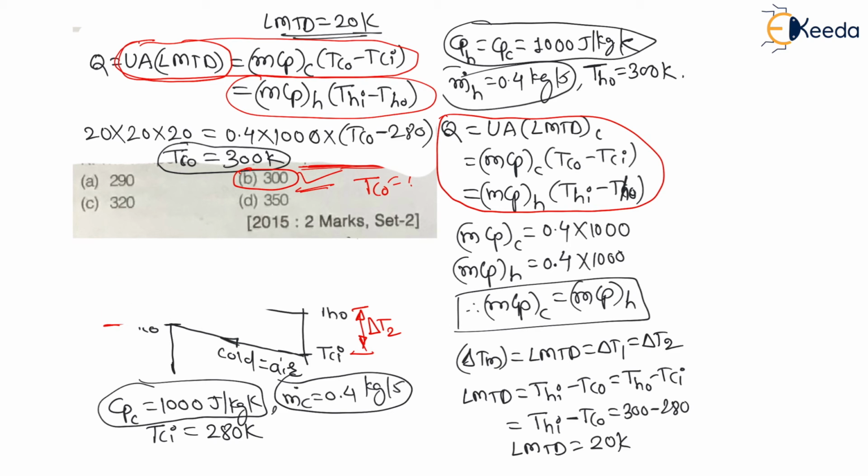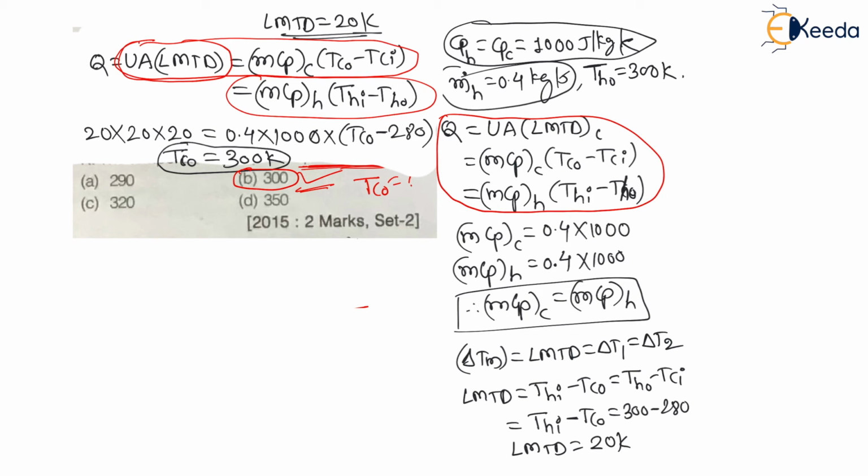Now, my dear students, suppose they ask what will be the inlet temperature of hot fluid for this given condition. Let us find the inlet temperature of hot fluid. Again, I will equate UA delta Tm, that is LMTD, to mCp of hot fluid into THI minus THO, right?